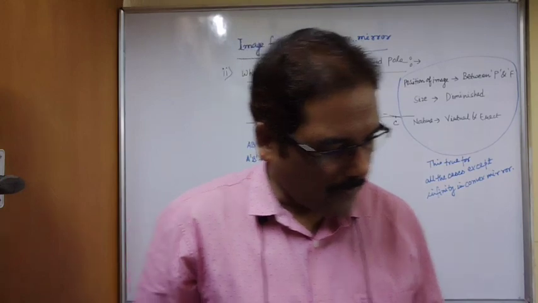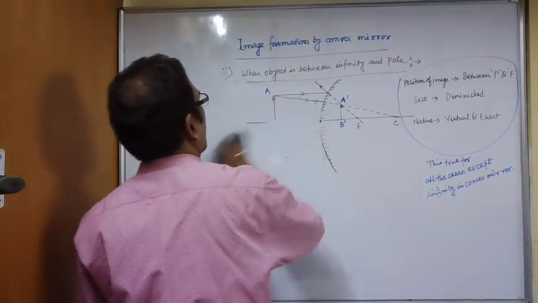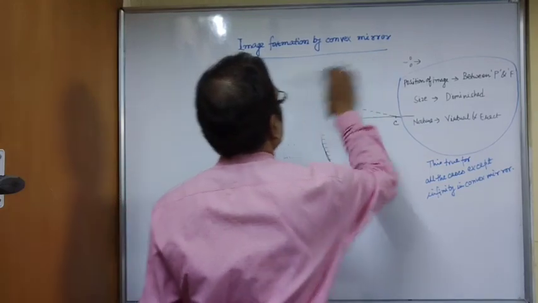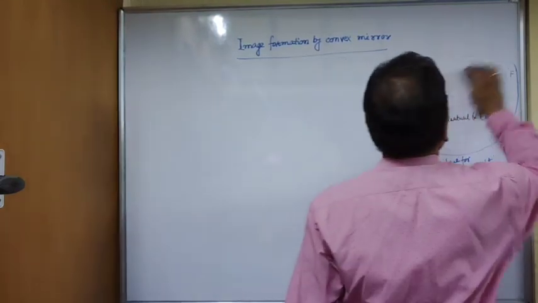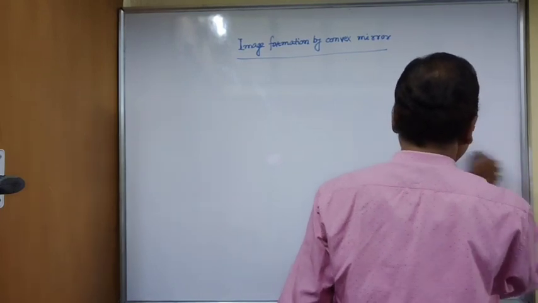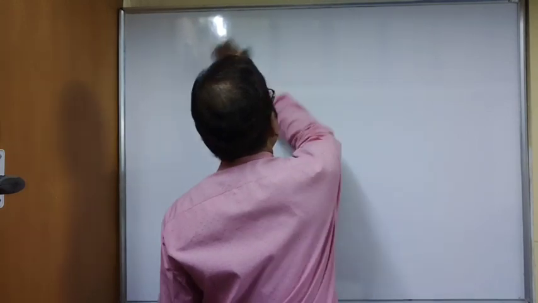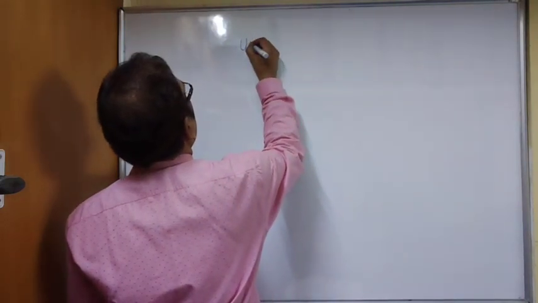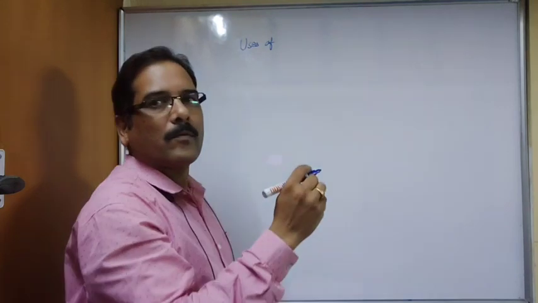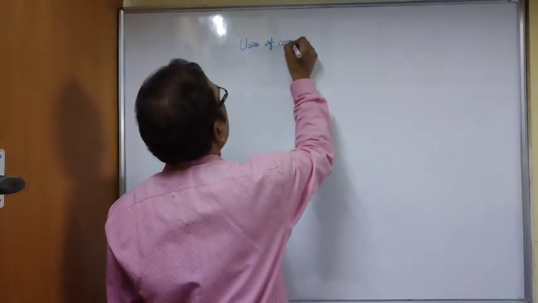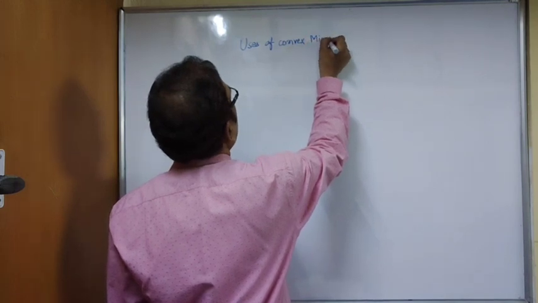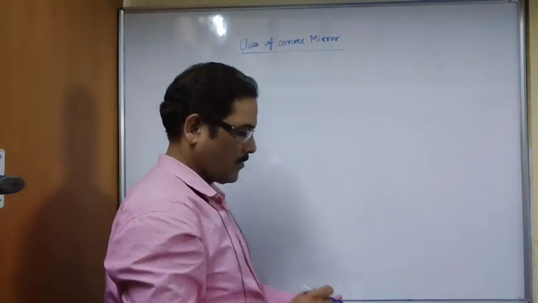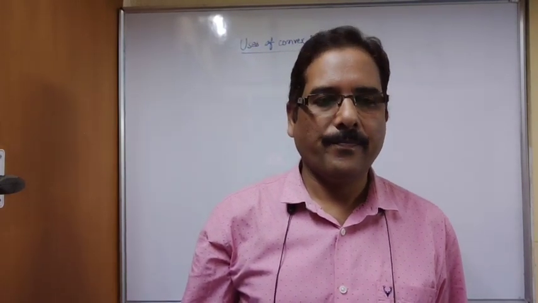Now uses of convex mirror. So the first important use is that convex mirrors are used as rear view mirrors, isn't it?